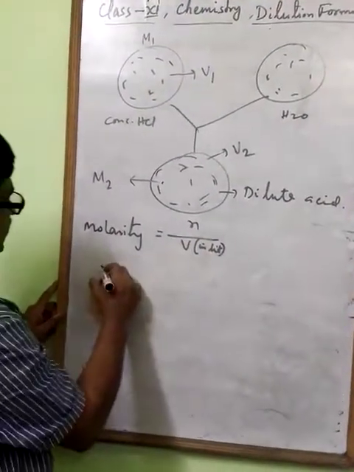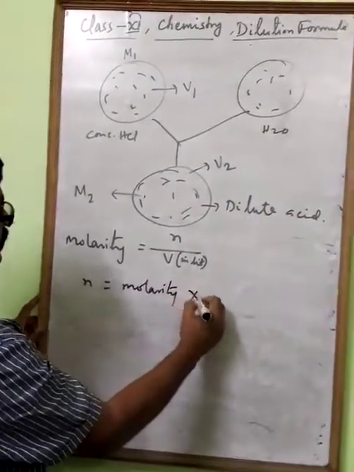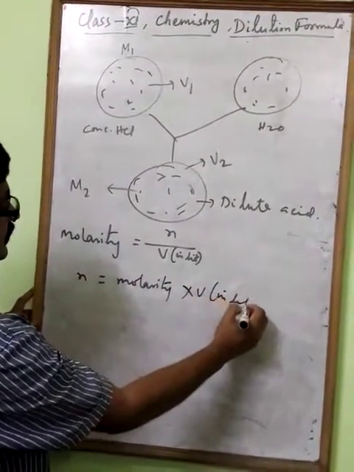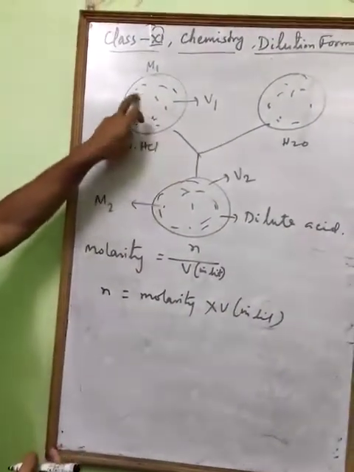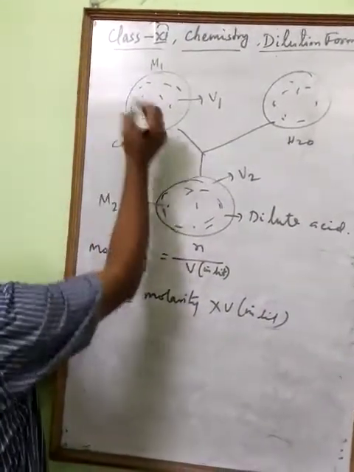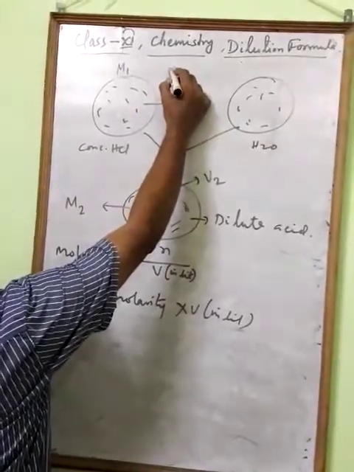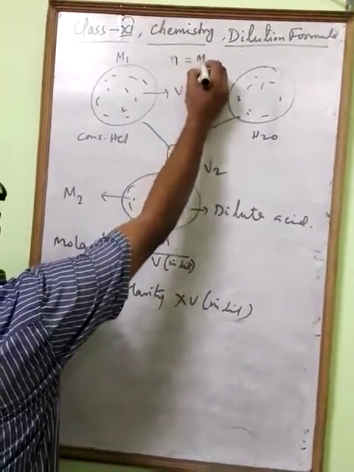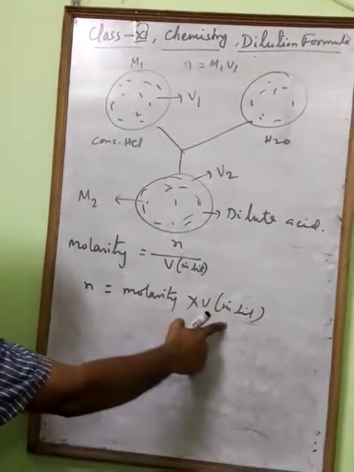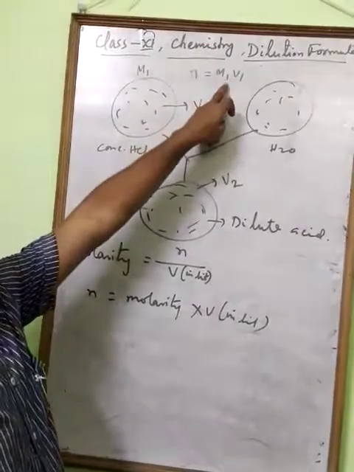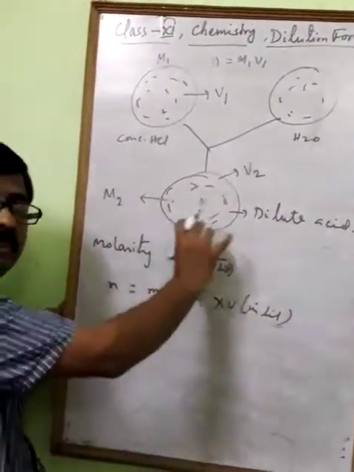So we can say N is equal to molarity into volume in liters. Here, the number of moles with volume V1 is N = M1 V1. N, the number of moles, is equal to molarity into volume. And when you put more water, dilution will be there, but the number of moles remains the same.